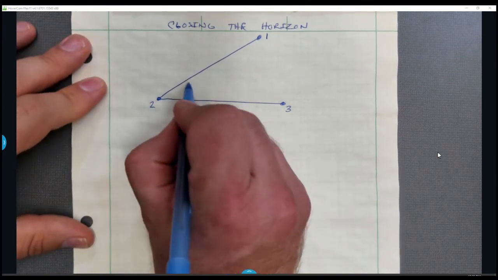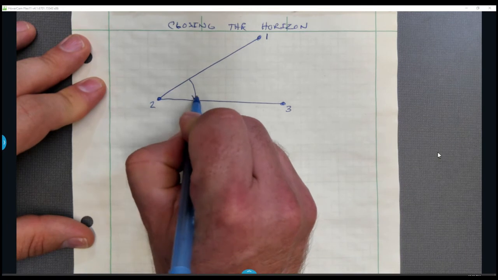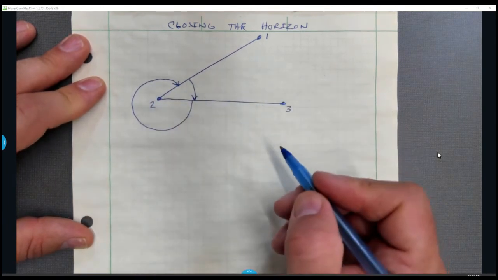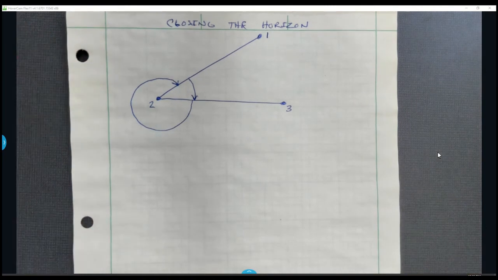So we're going to be measuring this angle and this angle in closing the horizon. So if you remember the closing the horizon problem, basically you're closing that angle. So when we did this with the vertical, measuring the vertical angle, we closed the horizon. Well, now we're talking about closing it horizontal, okay?